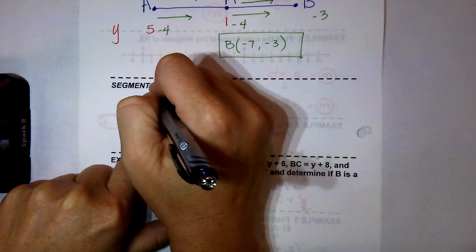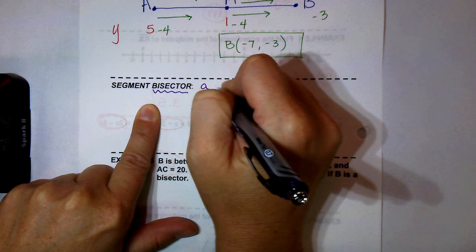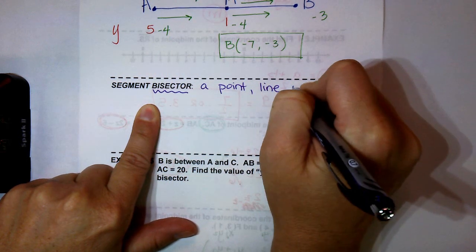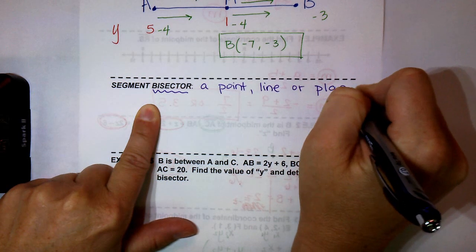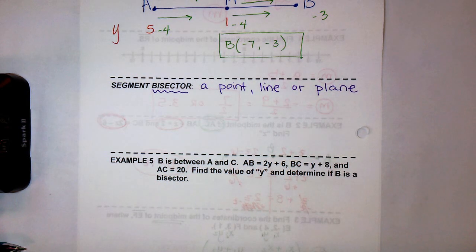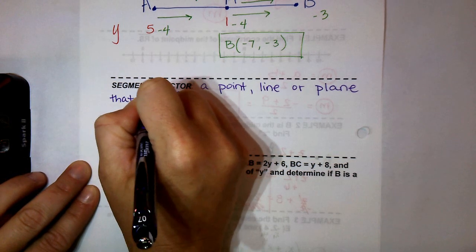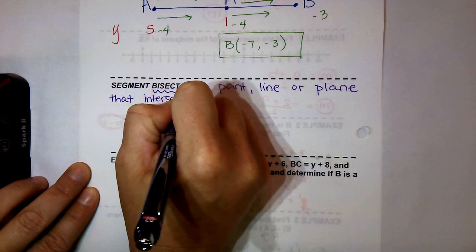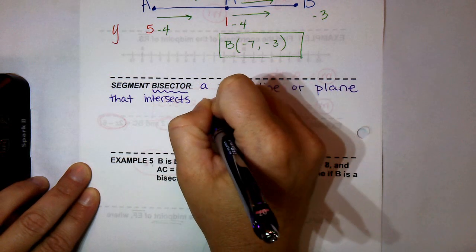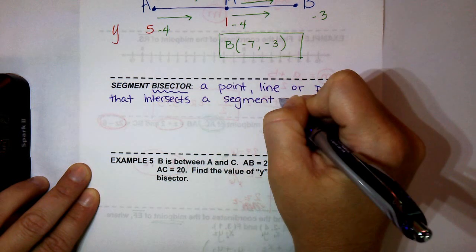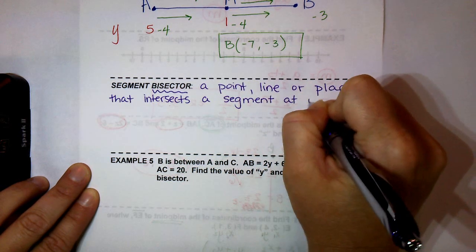So a bisector is a point, a line, or a plane. Remember I told you this one's kind of long. A point, a line, or a plane that intersects a segment at its midpoint.